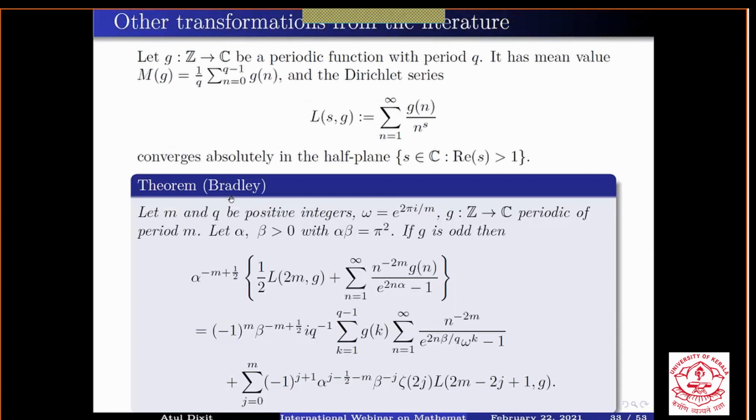So here is one result due to David Bradley, where he's considering the L function, which is defined as summation g of n over n to the s. g of n is a periodic function. Because this is a periodic function, this L series converges for real part of s greater than 1. So if I take, for example, g to be identically equal to 1, then it will give me the Riemann zeta function.